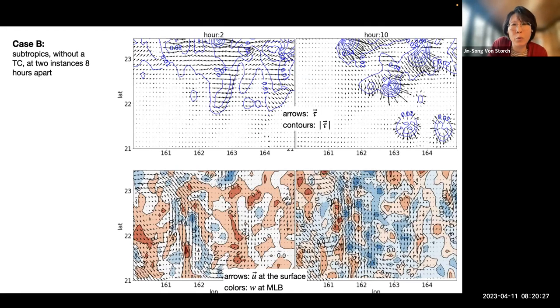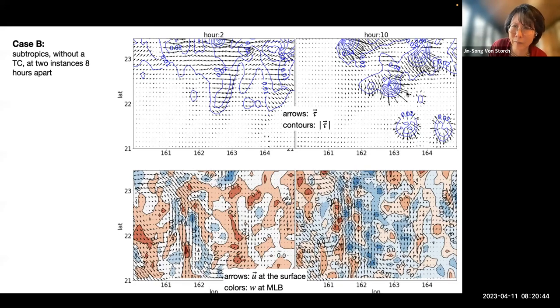But if we have a weak weather condition, so weak weather disturbances, like in this case, the winds are much lower. That's the typical summer condition in the subtropical region.